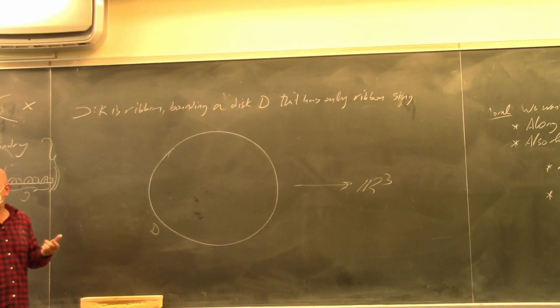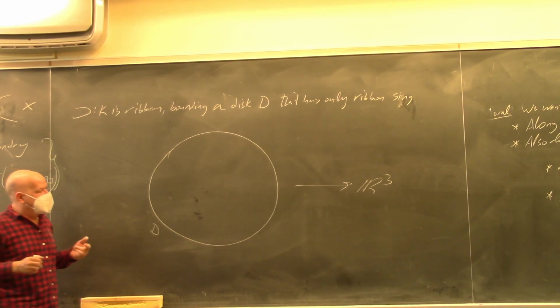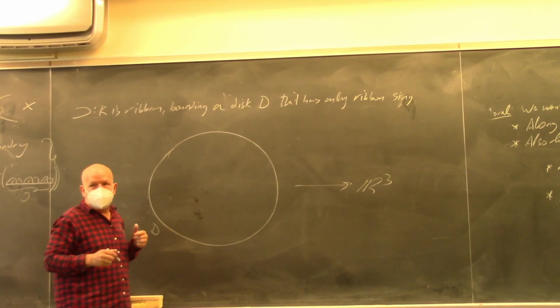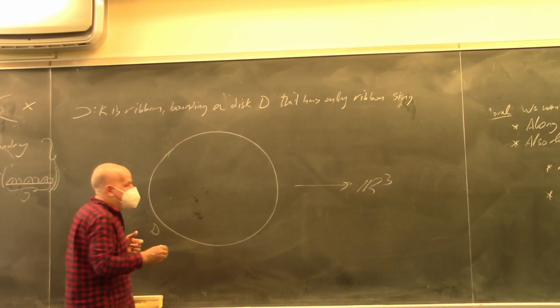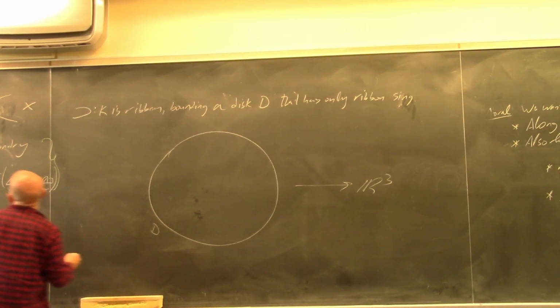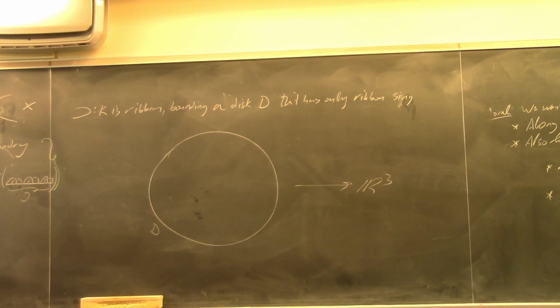It has ribbon singularities. What do ribbon singularities look like? A ribbon singularity is, well, it's a singularity. Every singular point has two pre-images. So this singular line has two lines as its pre-images.